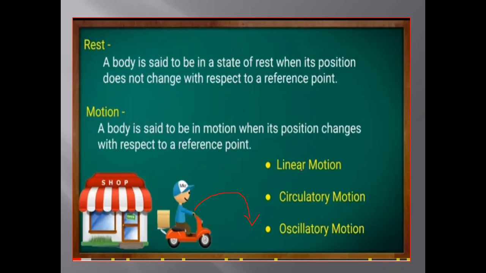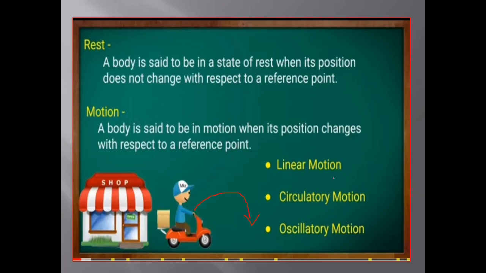Then we have types of motion. They are linear motion, circular motion, and oscillatory motion. Now, let us learn one by one. You have already learned about these types of motion in your previous classes. Let's recap once again.